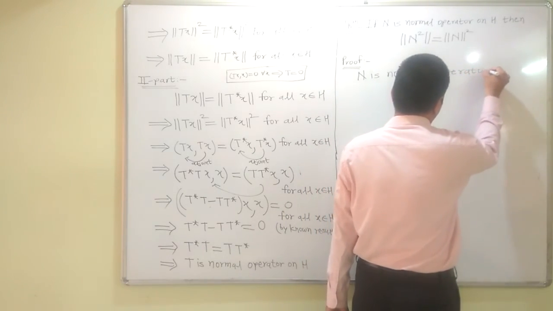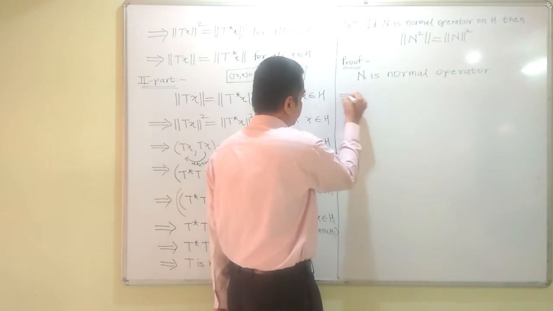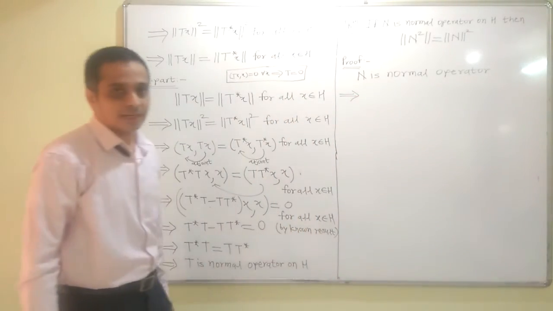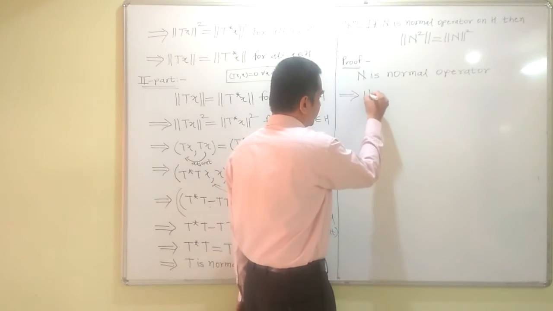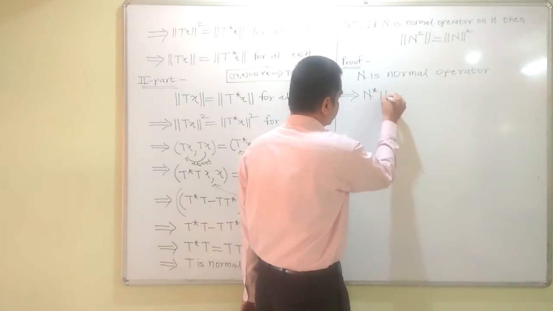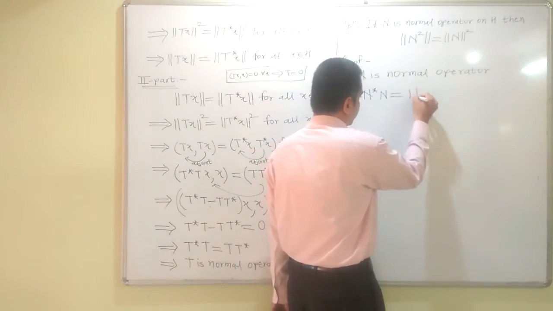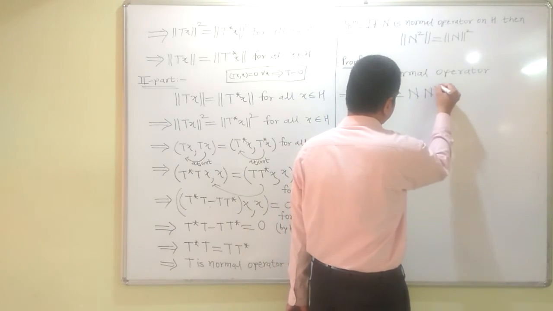This implies that, what is the definition of normal operator? It states that N*N equals NN*.